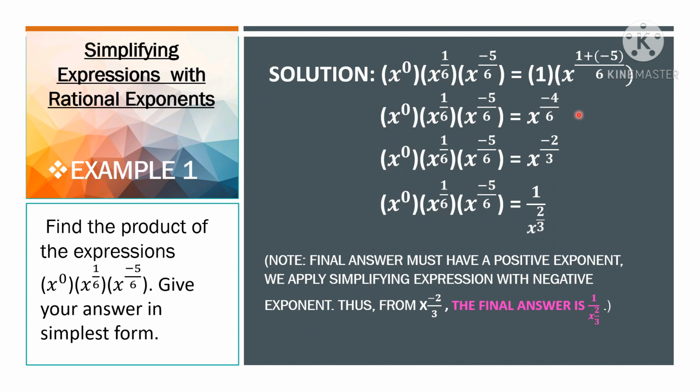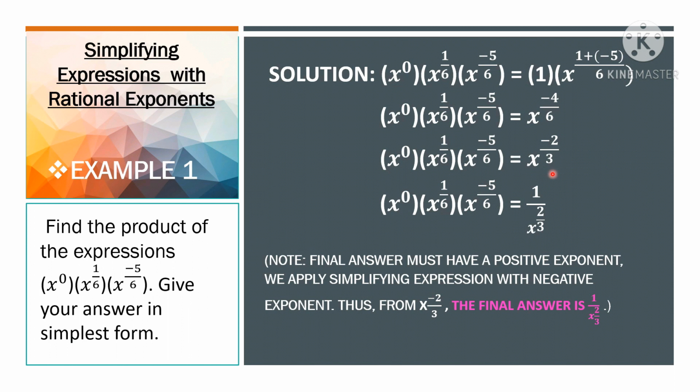Ngayon, pag nahanap nyo na yung GCF, i-divide nyo doon yung numerator at saka denominator. Kaya dito, meron tayong x raised to negative 2 kasi negative 4 divided by 2 is negative 2. 6 divided by 2 is positive 3. So, ang ating resulting fractional exponent ngayon ay negative 2/3.